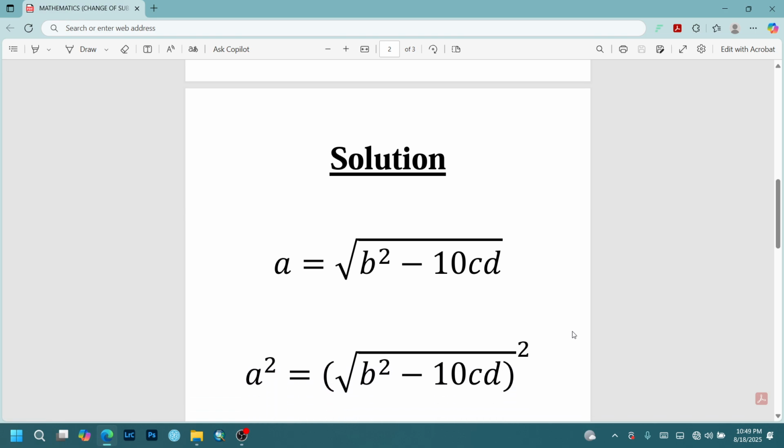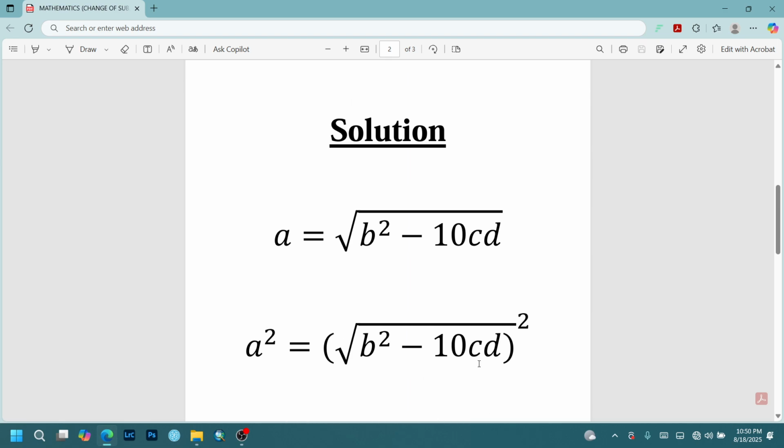So we square A, for A to become A square, then we square the equation, the square root of B square minus 10CD.